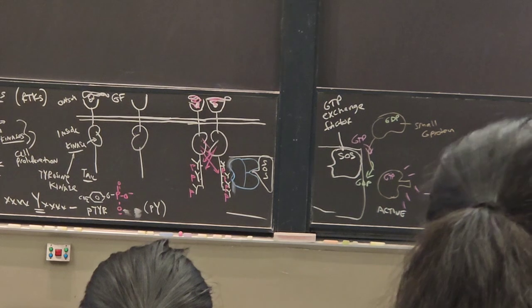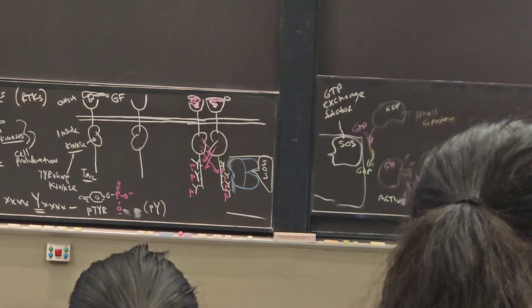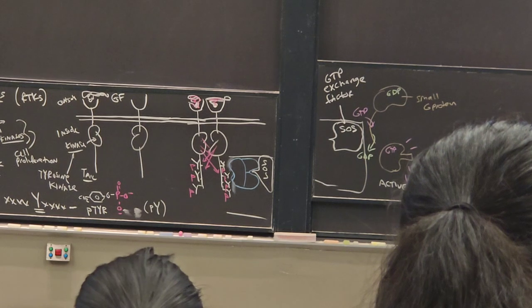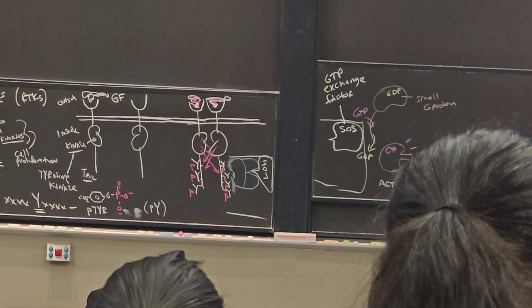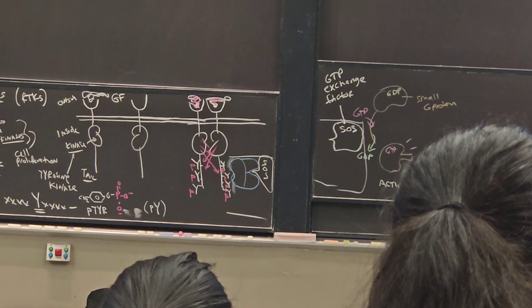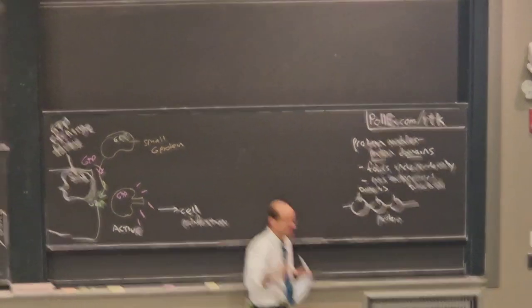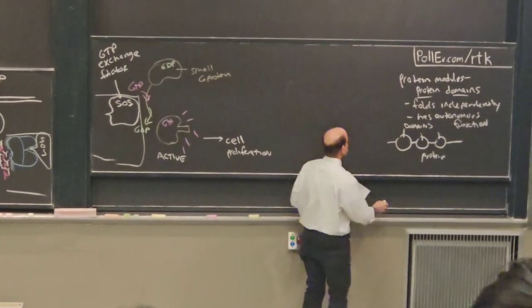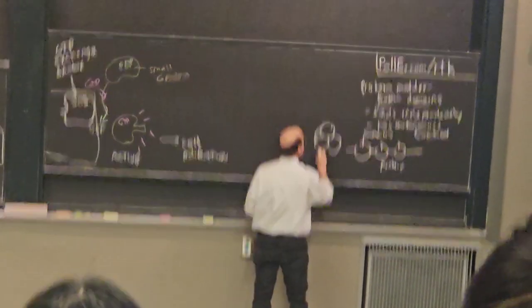So meaning, if we think of proteins in general as beads on a string, here's my protein. These beads on a string might all be domains. Now, in order for allostery to work, I might want those domains to interact with one another.